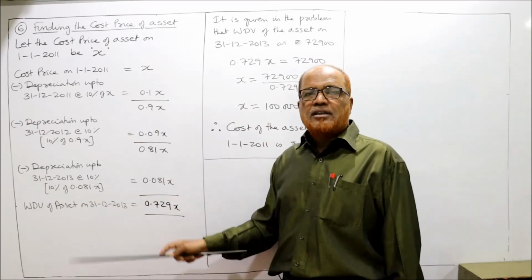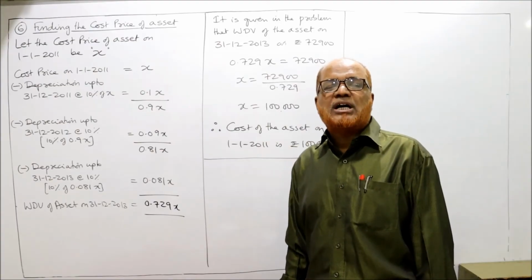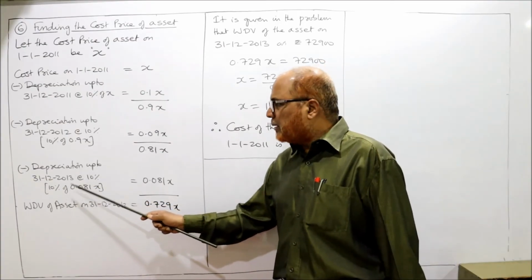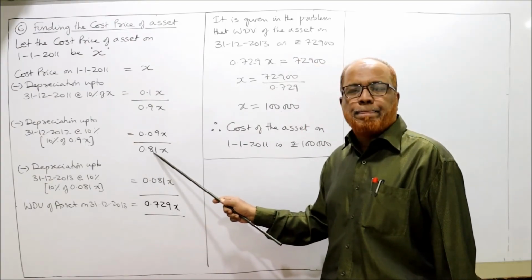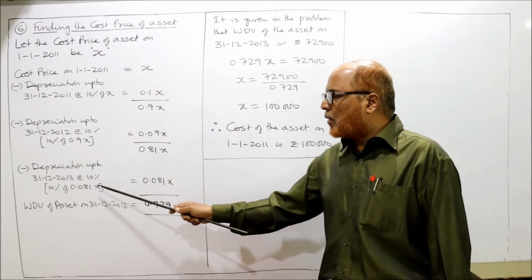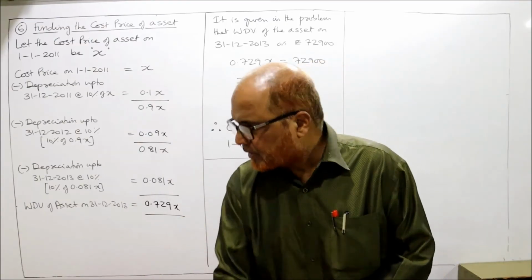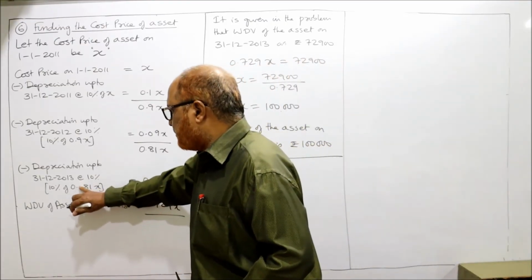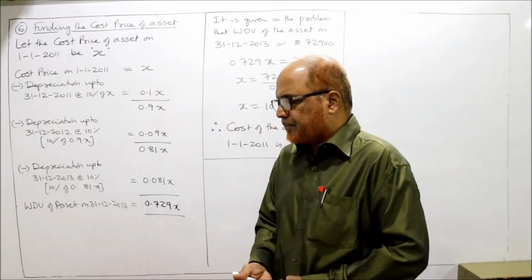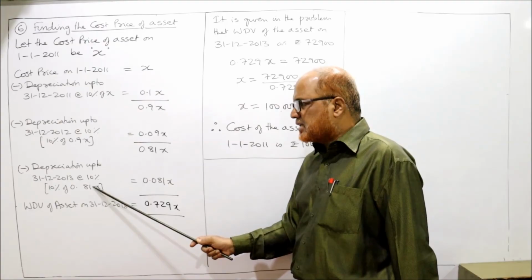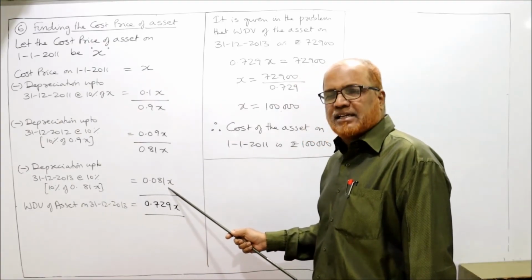Now the third year, 31st December 2013. Depreciation at the rate of 10%: 10% of 0.81X is 0.081X.